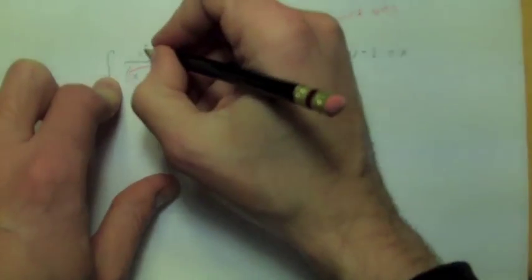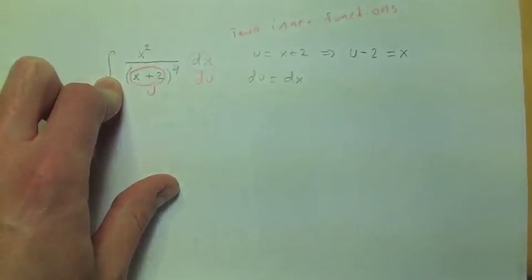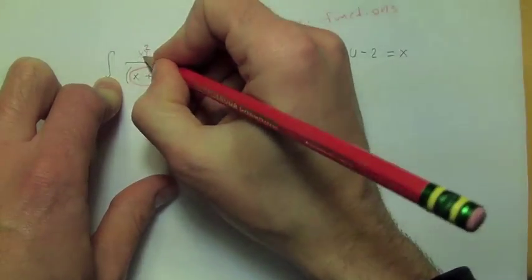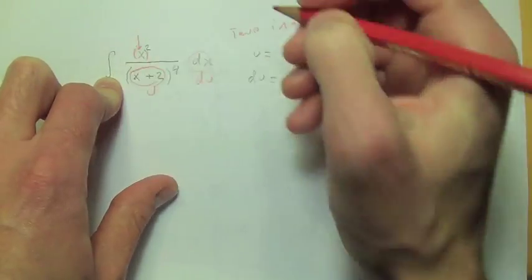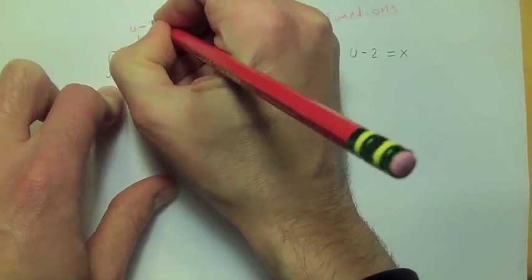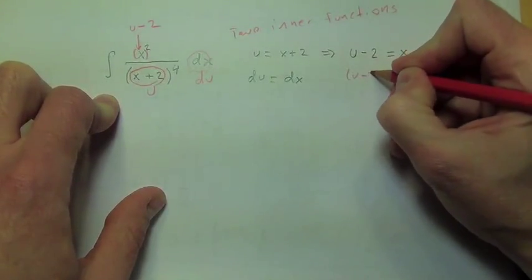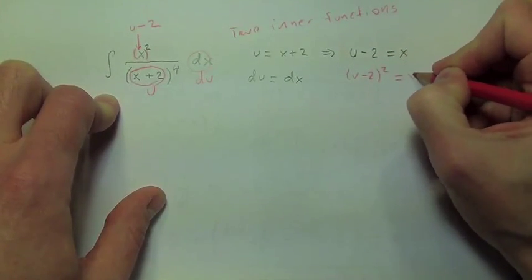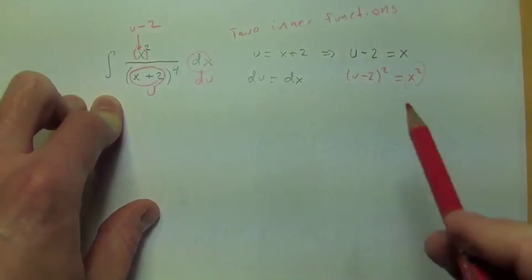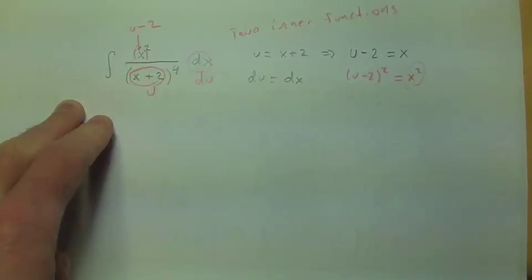Right? And what I'm going to do is squeeze some parentheses around here, and my x is going to be replaced with u minus 2. Basically, u minus 2 all squared will be x squared. So I'm going to replace x squared with u minus 2 squared.